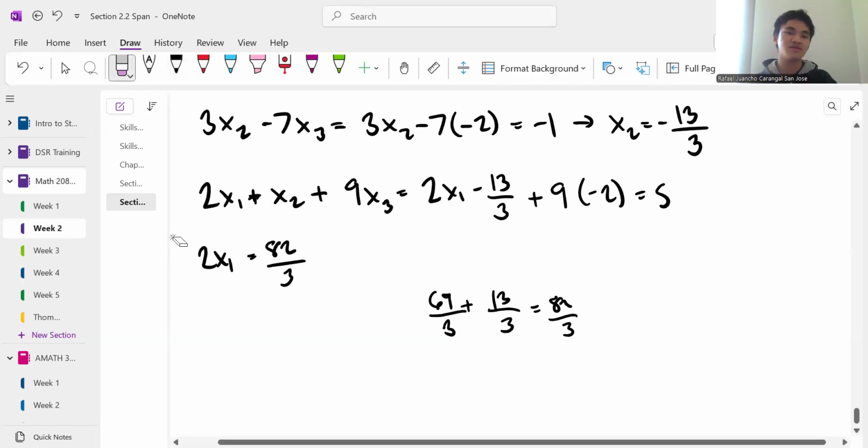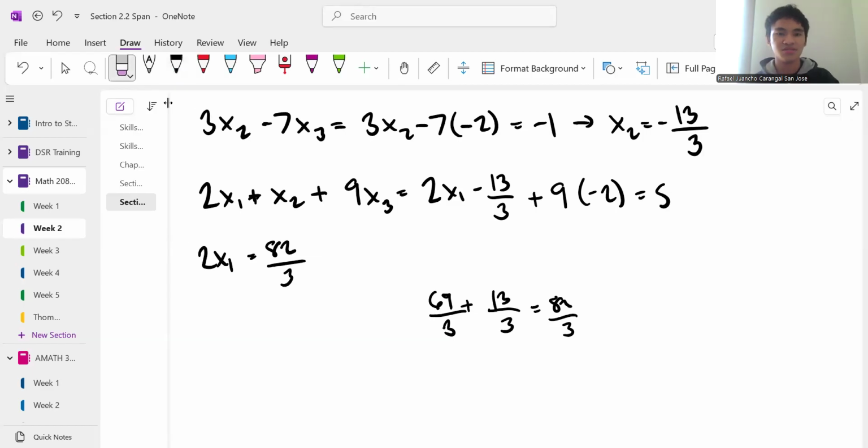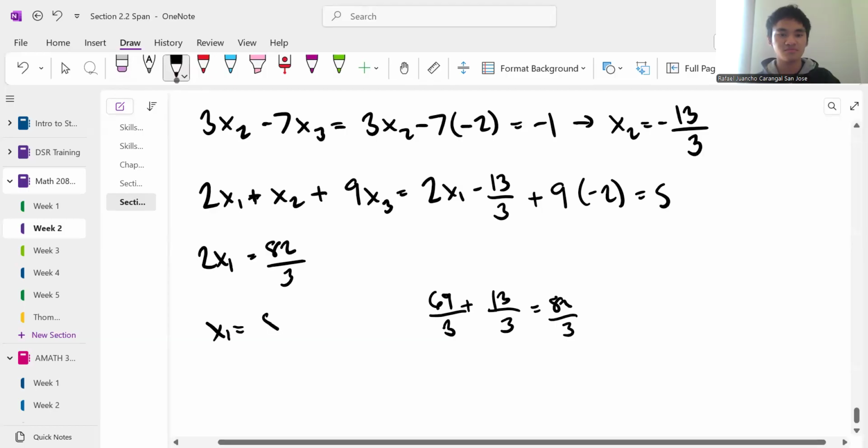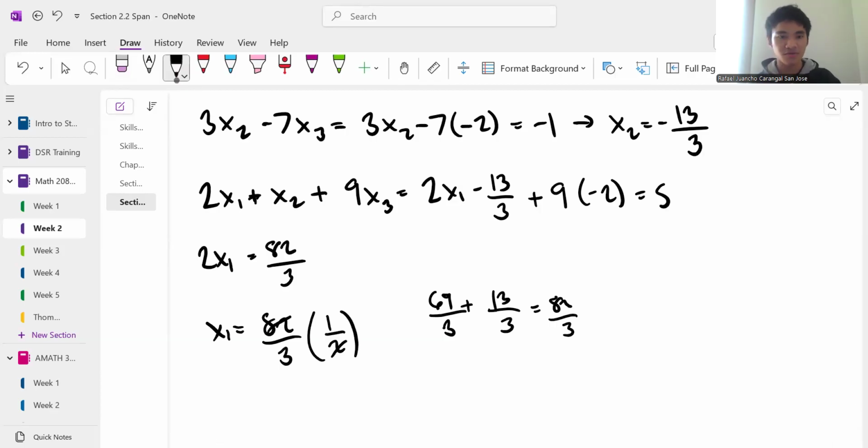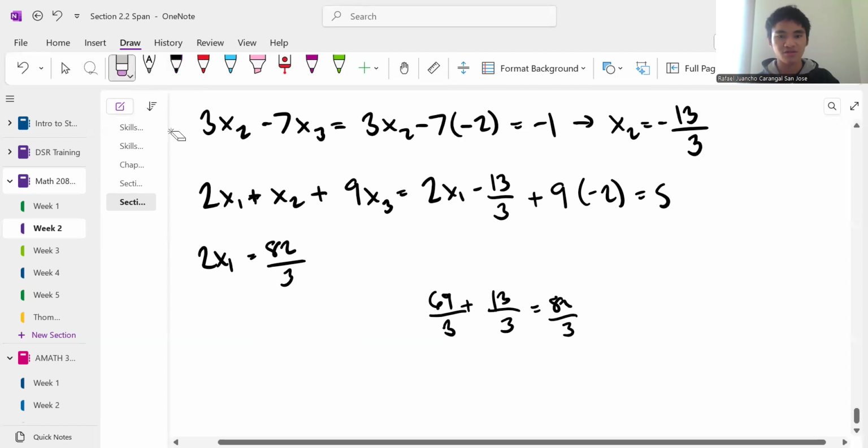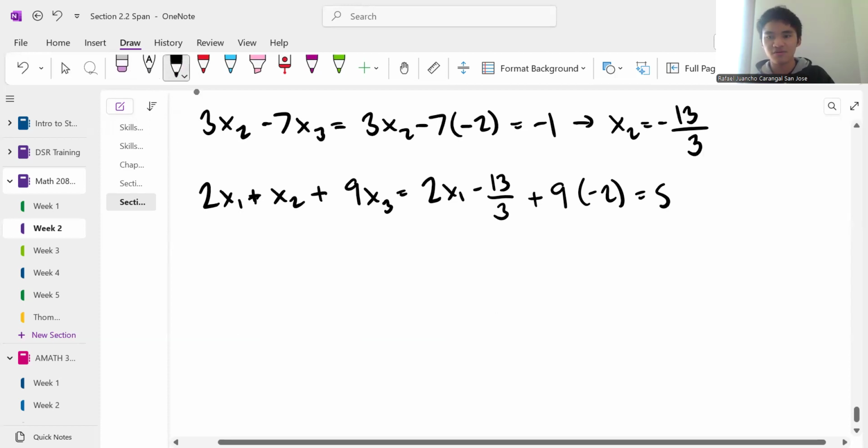Then we divide by 2, so we multiply this by a half. 82 becomes 41. So x sub 1 here is 41 over 3.